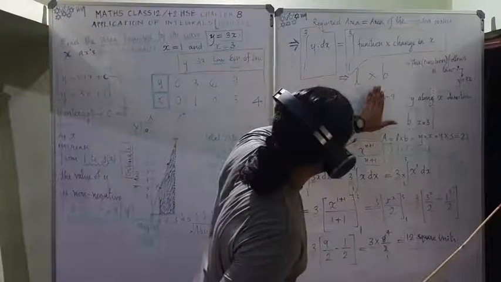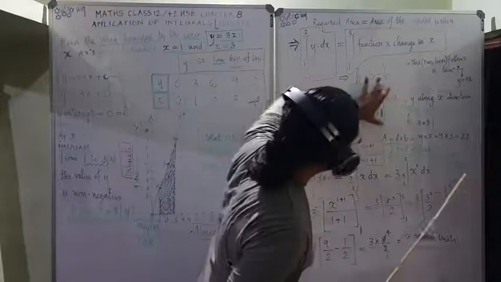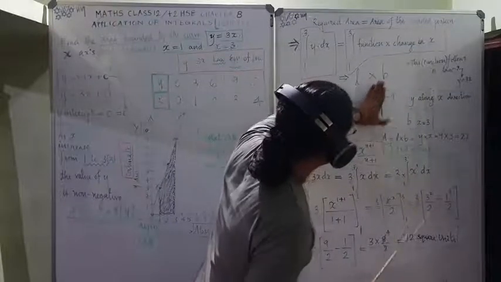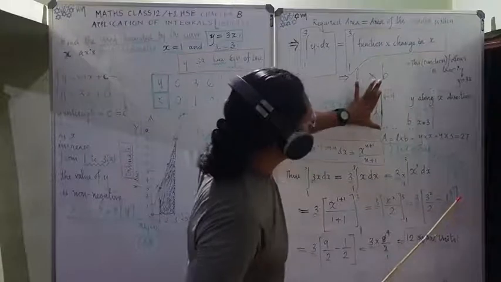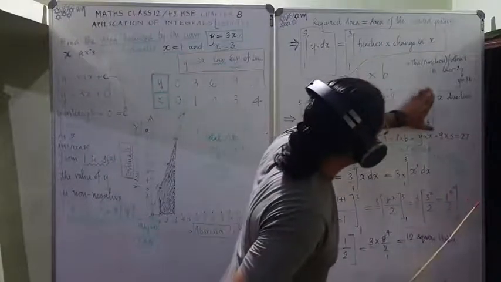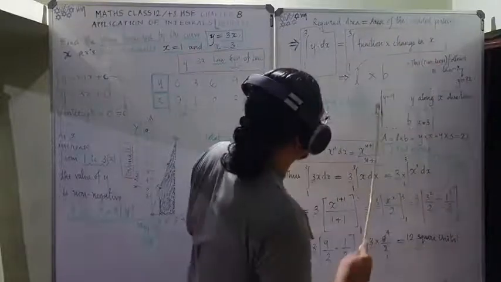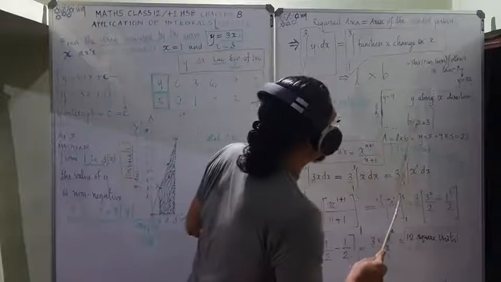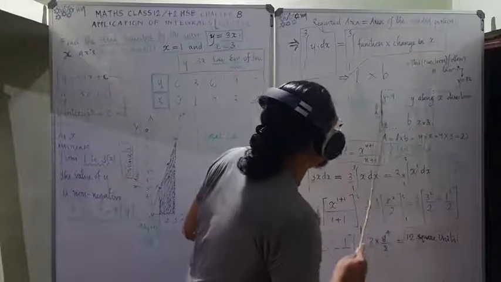It is covering this whole area when it goes along the length from 0 to 3. That means this line traverses and moves across this section, the length 9 moved over the length 3. Then it is the area covered.